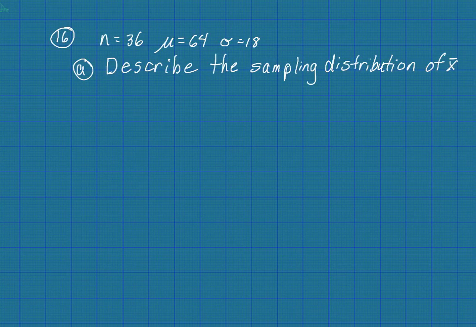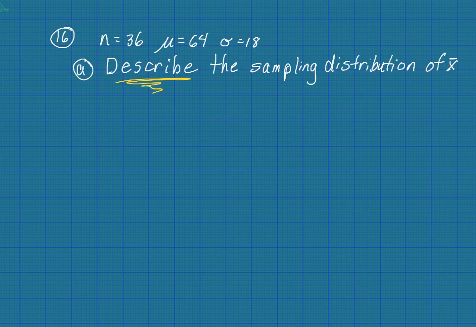Let's take a look at number 16. For number 16, we're given a population, and we're going to be taking a sample size of 36. We know the mean of the population is 64, and the standard deviation of the population is 18. We are asked to describe the sampling distribution of the mean.